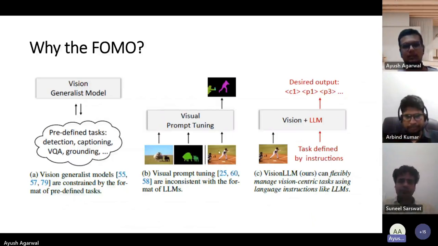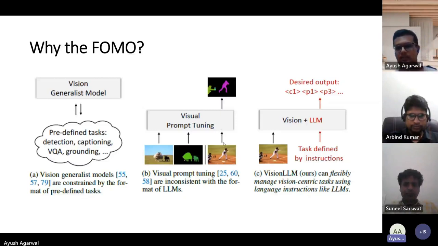Then you give it your query image, and this would be the desired output for this query image. This we saw earlier in one of our discussions as well on visual token matching. Then this is the method that these guys have proposed, that is Vision plus LLM.